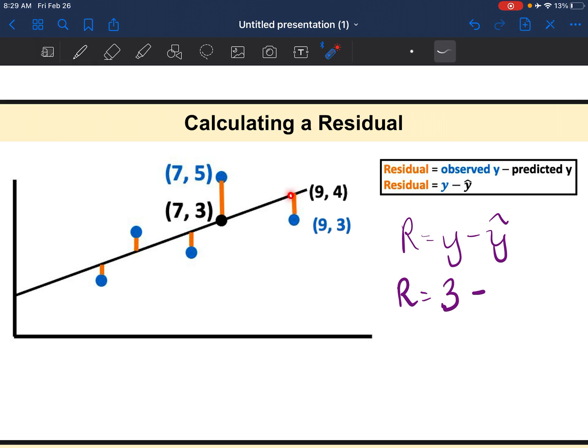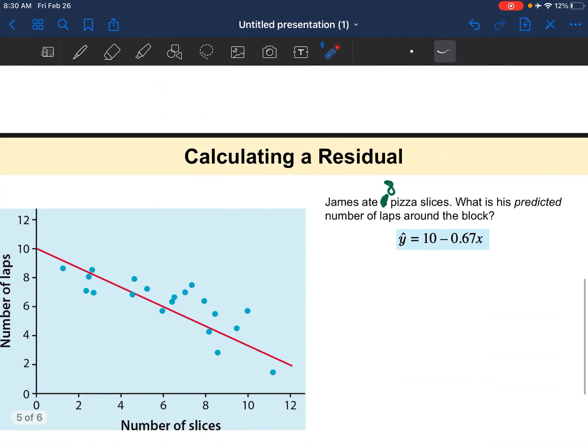And my predicted y value from the point on the line is 4. So my R equals -1. This means that the difference between what I thought I was going to get and what I actually got is 1. So I got 1 less.